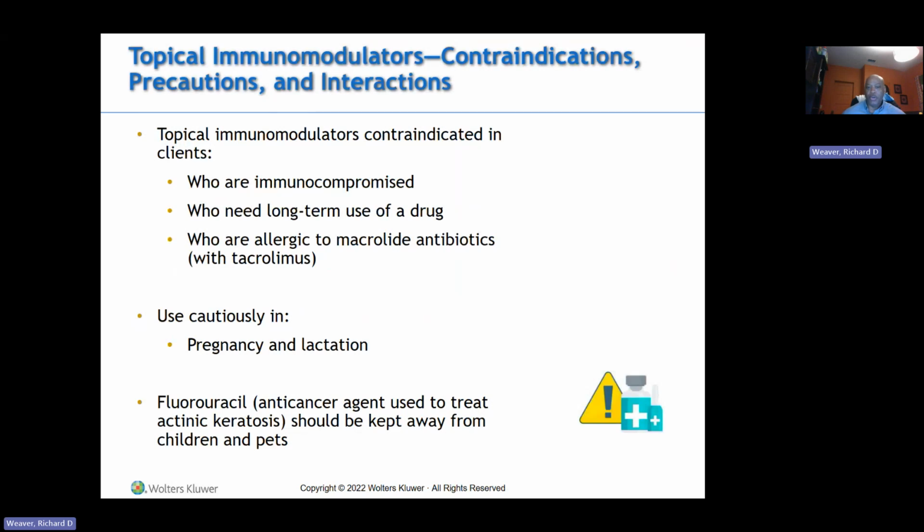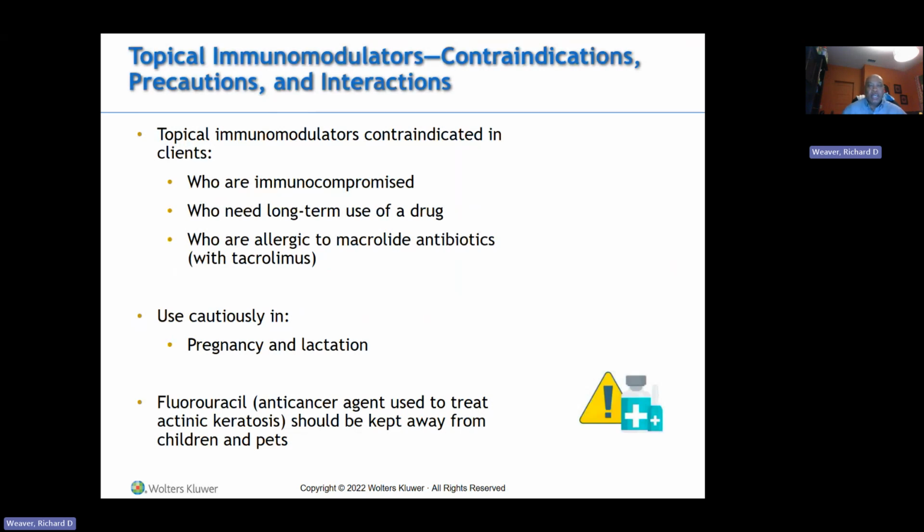So your book talks about, although this particular drug is an anti-cancer drug, fluorouracil, it's not an immunomodulator, right? But it is used to treat actinic keratosis topically. All right. So this agent causes redness, crusting of the skin.